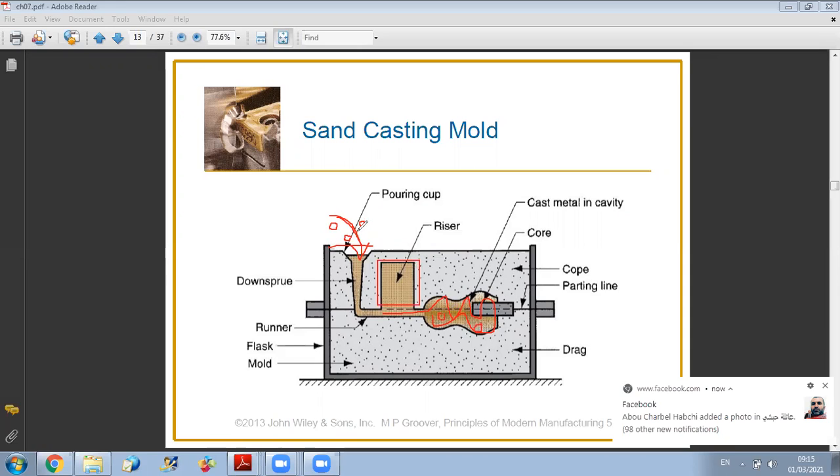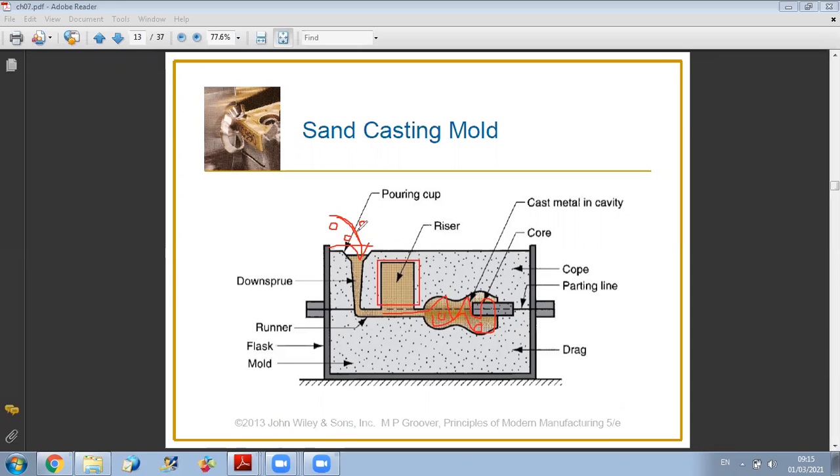This is why after the pouring process is done, the riser can still supply. So the riser is like a certain geometry containing molten metal. After the pouring process is done, in order to compensate for the volume occupied by gases, molten metal will flow from the riser. This will help these gases escape. So first, the riser will reduce the formation of voids inside my final product.